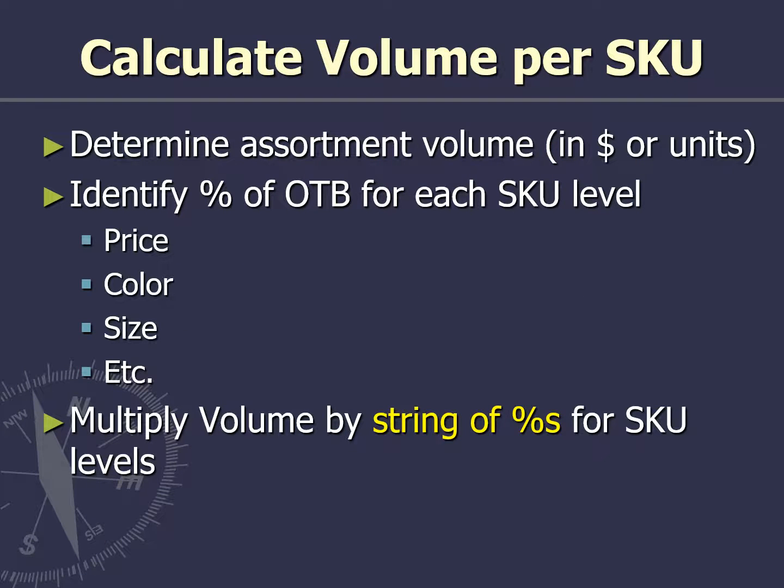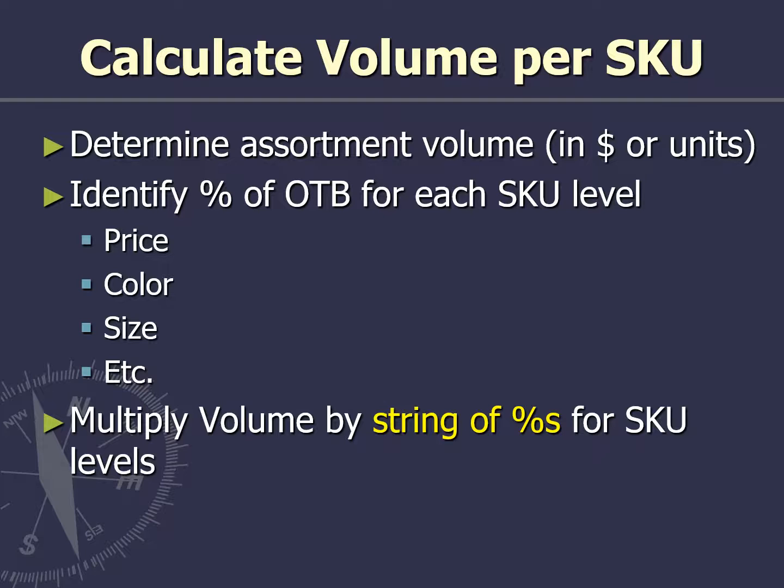Once we know the assortment distribution of each assortment factor, we can utilize that information to determine the assortment volume per SKU. This SKU means the actual specific SKU, with the specific color, size, style, price, brand, whatever assortment factors you're using.